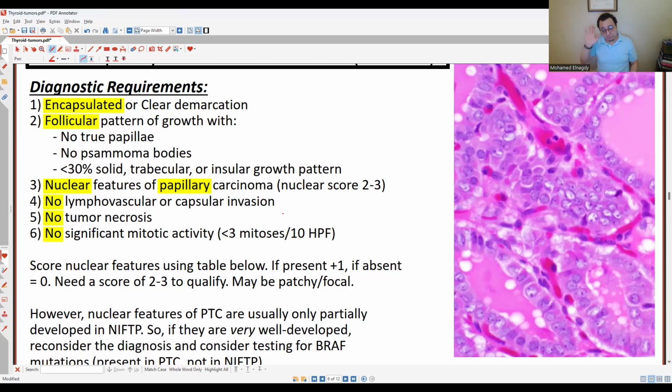Well, this means that when we reach this point, we are in between 2 diagnoses, which are follicular adenoma, because there is no invasion of the capsule and the blood vessels, or papillary thyroid cancer with follicular features, follicular variant of papillary thyroid cancer, right?